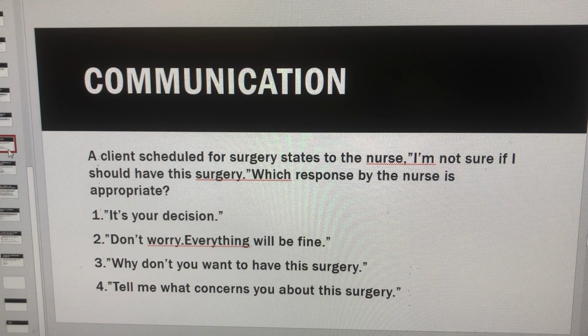Option 1 is a blunt response and does not address the client's concern. Option 2 provides false reassurance. Option 3 can make the client feel defensive and uses the non-therapeutic communication technique of asking why. Remember to use therapeutic communication techniques and focus on the client. The answer is number 4. Tell me what concerns you about this surgery.